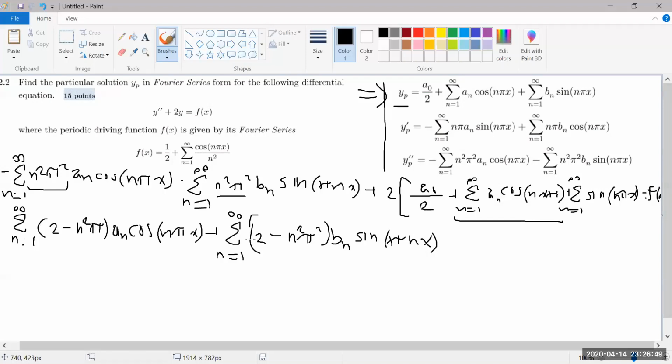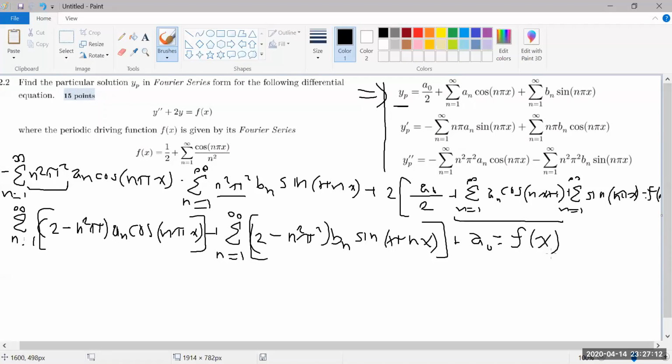Okay, and that's the summations for our sine terms. So don't forget about your a sub 0. The 2 and the 1/2 cancel each other out, so our a sub 0 is free. It has been freed from its fraction form. And we are going to set this equal to f of x.